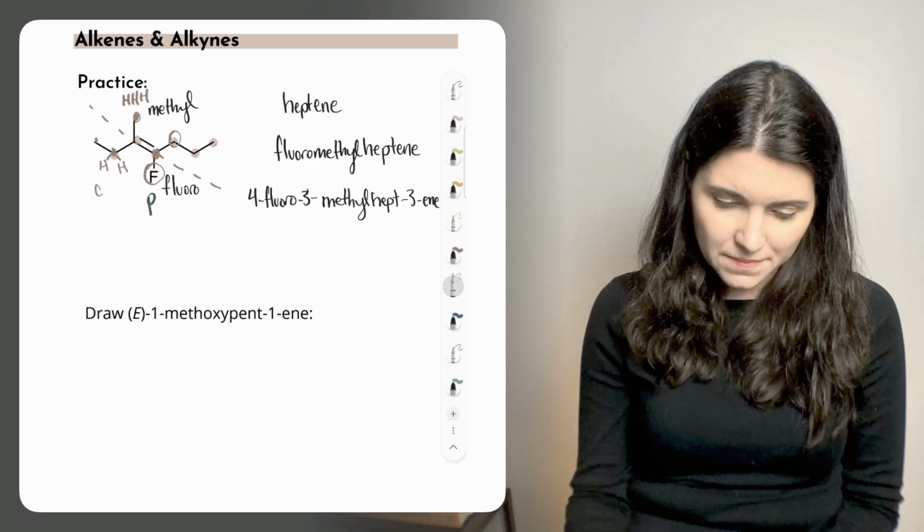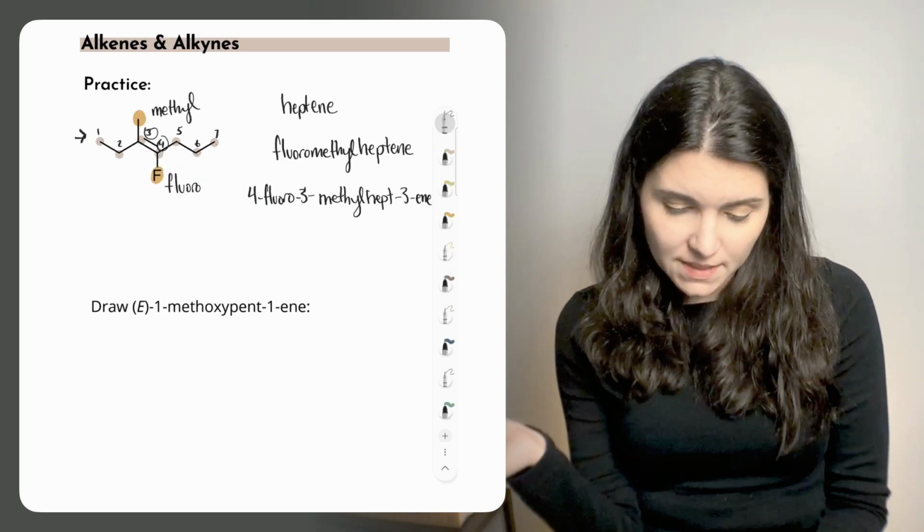So it's got a C and then an H and an H. So it's got a C. The other one just has 3 H's. So this side is the priority. So now we have both of those P's on the same side of that plane. So same side is Z. So we put our Z in parentheses in front of the entire name.